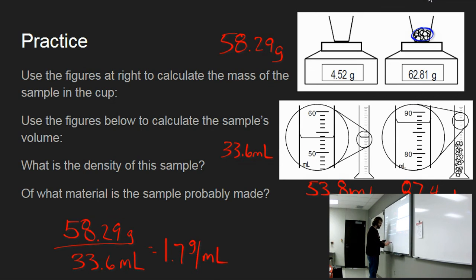Now, I could use that density to maybe figure out what this object is probably made of. I'm not going to get an exact answer. I'm just going to make a guess. But metals normally have a little bit higher densities, sometimes around 2 or 3. Again, it depends what the metal is. So I'd probably guess that this was maybe some type of stone or something along those lines.